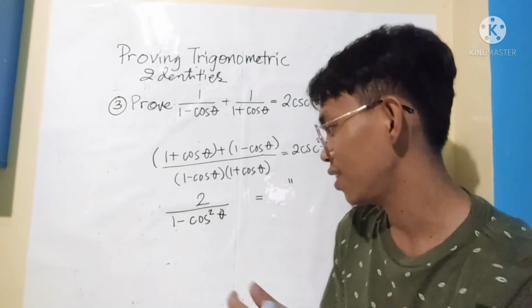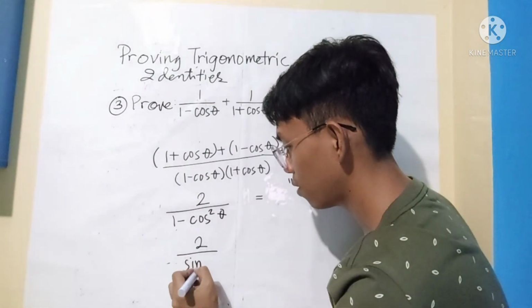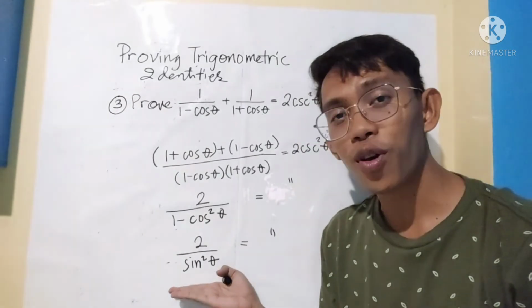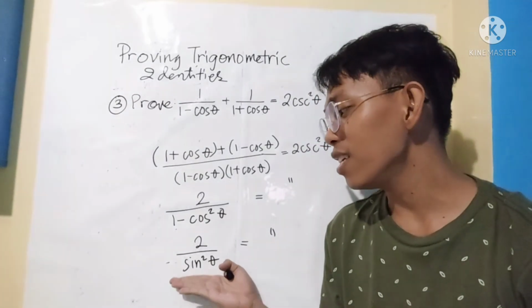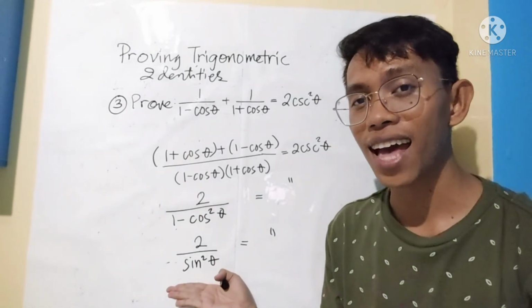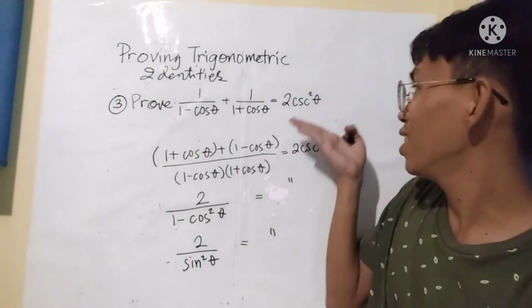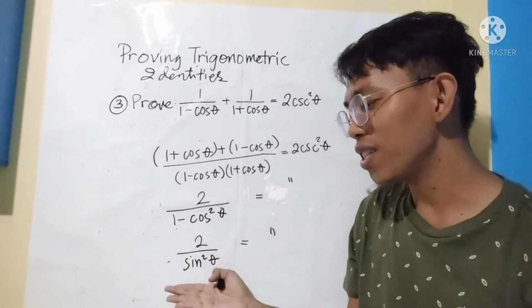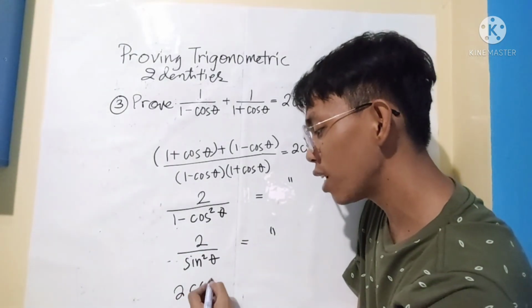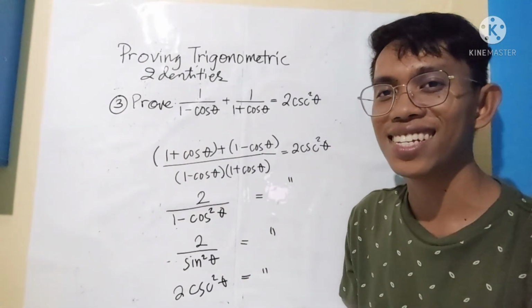So what we will have at this point, we know that this is a product of 2 and 1 over sine square theta. And we know that 1 over sine square theta is equal to cosecant square theta. So, this one, pwede na nating isulat na 2 times cosecant square theta. So, we have just proven another identity.